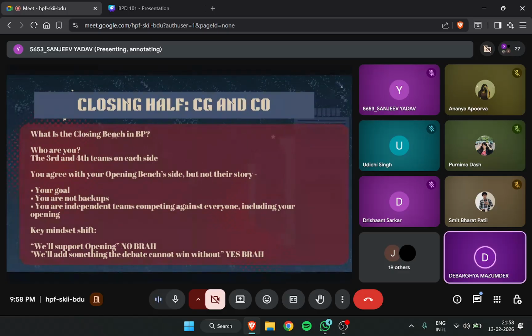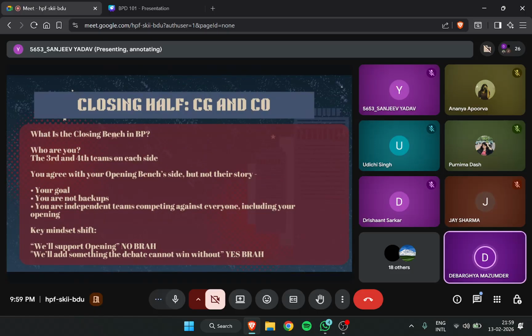If the opening half is messing up with the points of arguments they bring into the debate, we are not a house that will clean up the mess done by the opening half. We are simply an independent team going ahead and competing against all the houses, even our own opening house. Closing government can go ahead and say that opening government has spoken poorly, and we are better in terms of the following metrics.